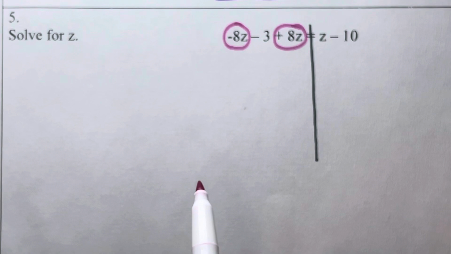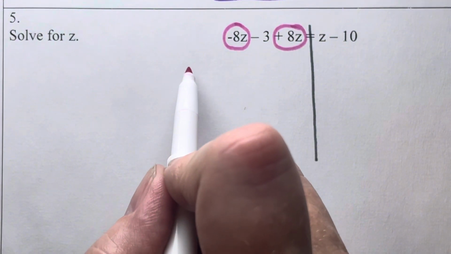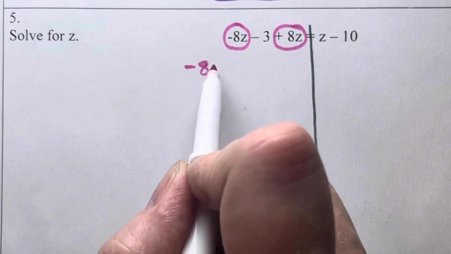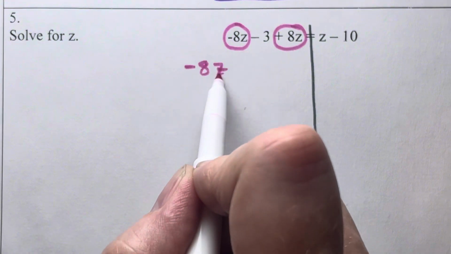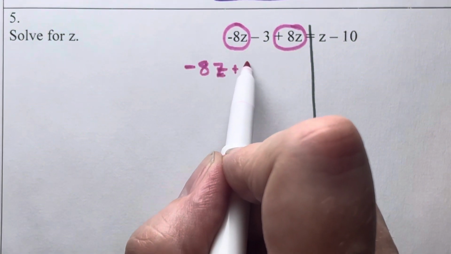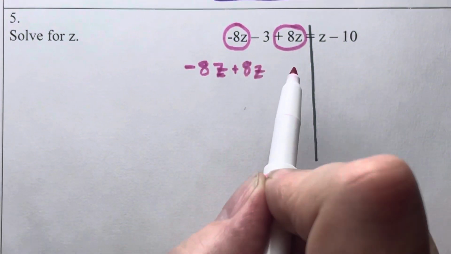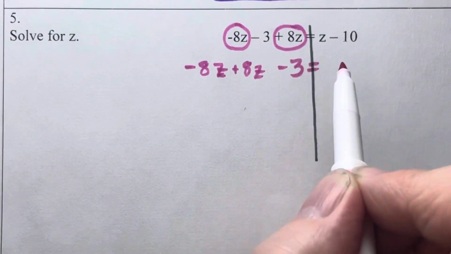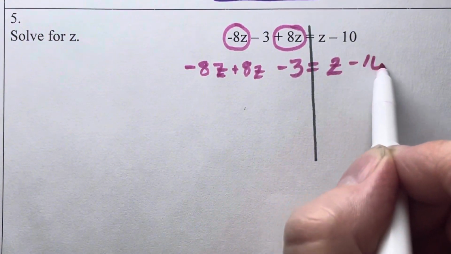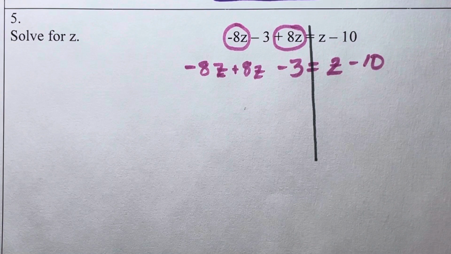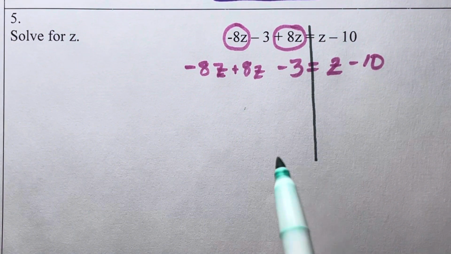So you can even rewrite this, just to help your brain organize its thoughts, as -8z plus this other 8z minus the 3 equals z minus 10. We haven't done anything yet except to help organize your thoughts. That's all we're doing.